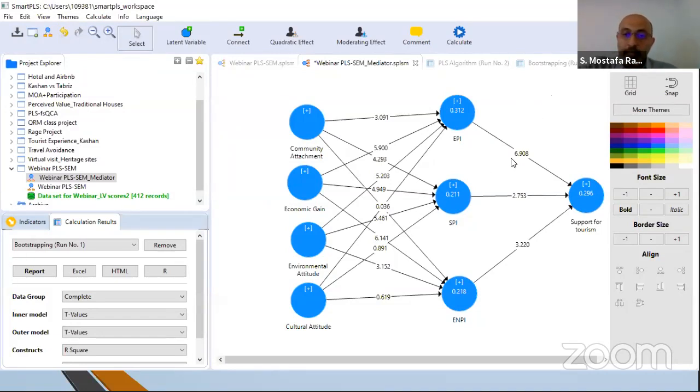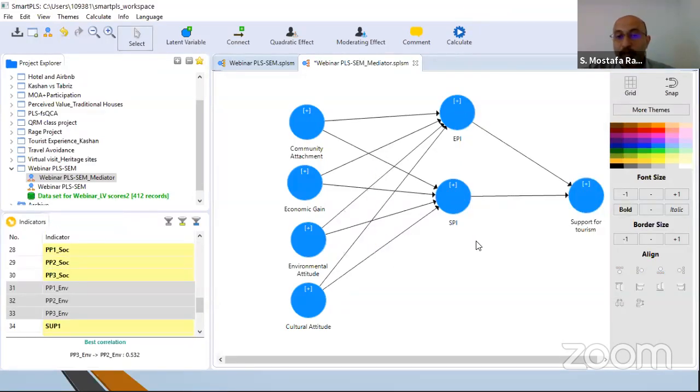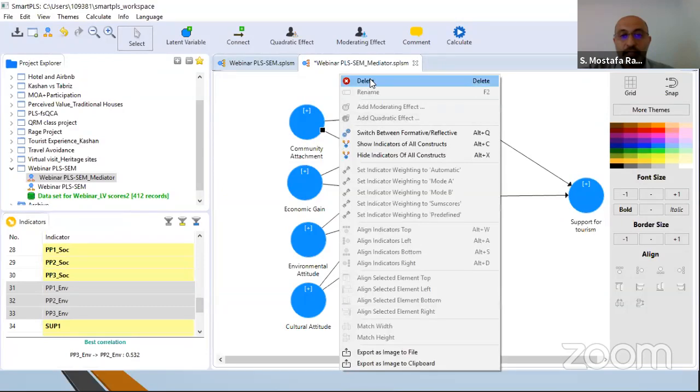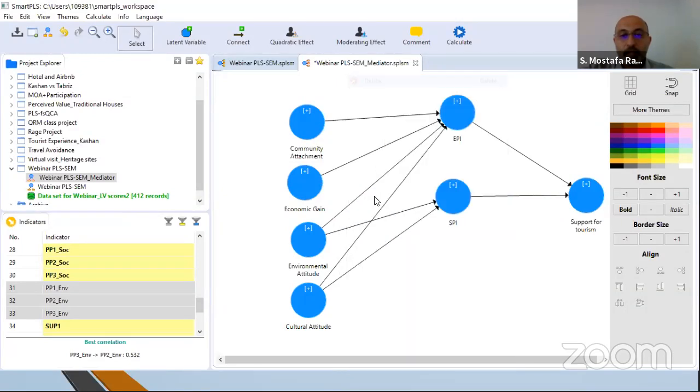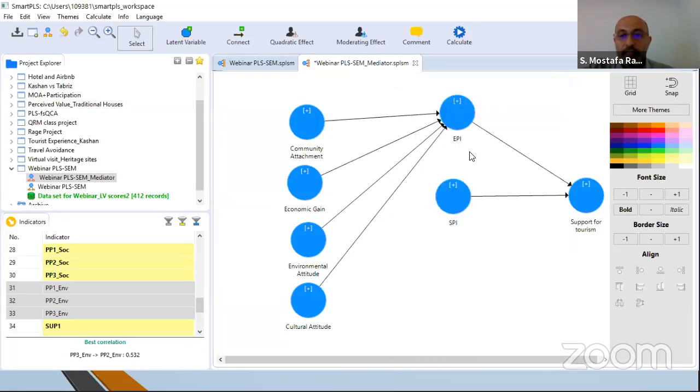And the third question, for serial mediator. Okay, let me change this model. This is not in the real world, but just to show you how we can create and interpret it. I change this parallel mediator to serial mediator, delete environmental perceived impact, and also delete the connection between antecedent and social perceived impact.